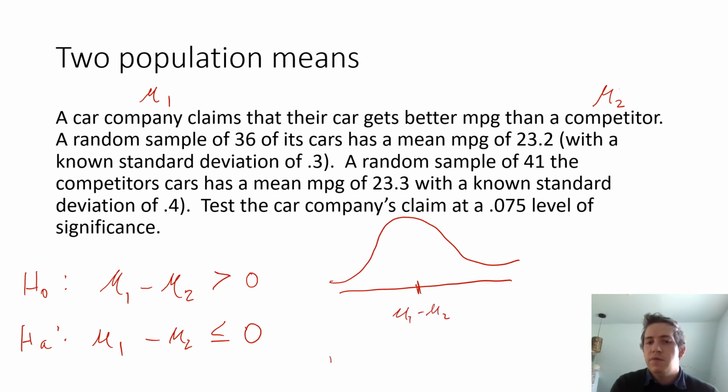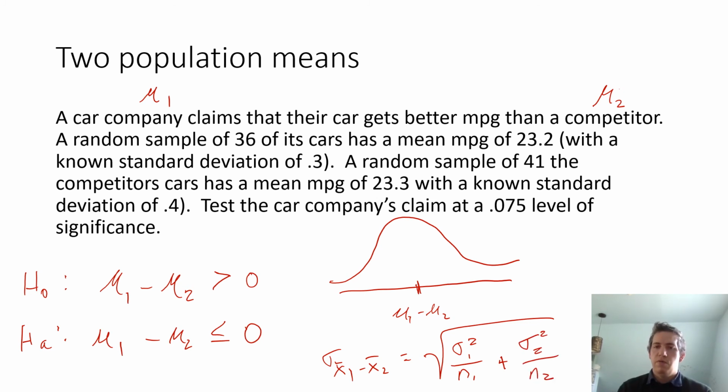The standard deviation for this distribution is equal to the square root of the first standard deviation squared over the first number plus the second standard deviation squared over the second number. These are the numbers of cars, or people, in the sample. You cannot guarantee that the samples are going to be the same size. Even if you think they're going to be the same size, maybe you have some non-responders. So you have to really take that into account.